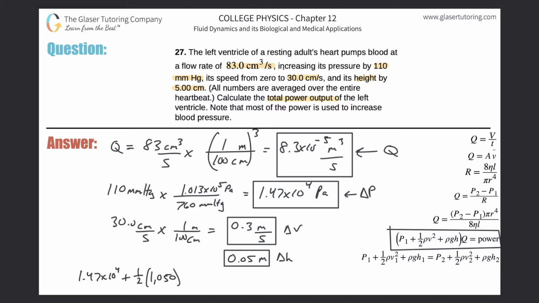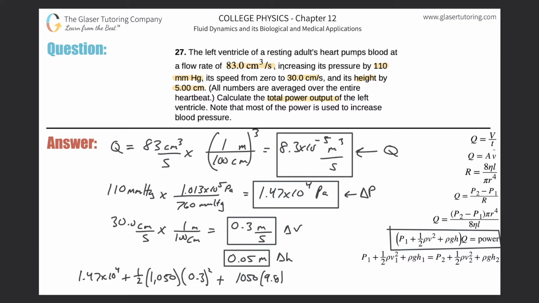You can look that value up if you like. The change of velocity was 0.3, that's going to be squared. Plus now, again, the density of that fluid, which is still blood, so that's 1,050, times then gravity, 9.8.